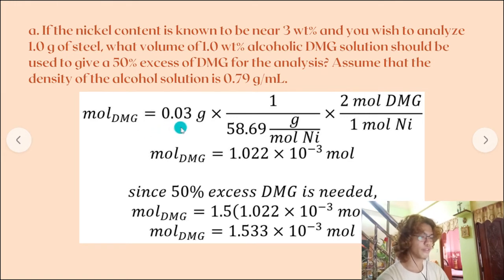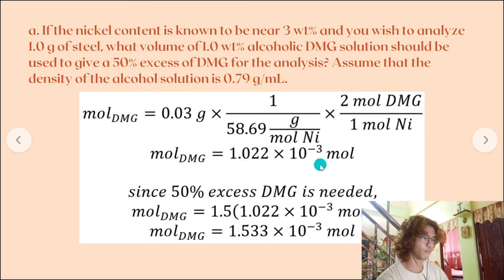So we divide the mass of the nickel, 0.03 grams, by its molar mass, 58.69 grams per mole, and then we multiply it by their stoichiometric ratio. As we have seen a while ago, 2 moles of DMG reacts with 1 mole of nickel to produce the precipitate. Solving this gives us 1.022 times 10 raised to the negative 3 moles of the DMG in the solution.